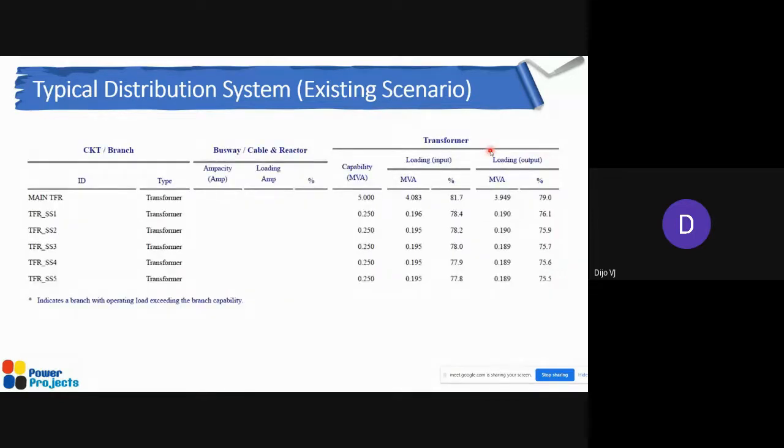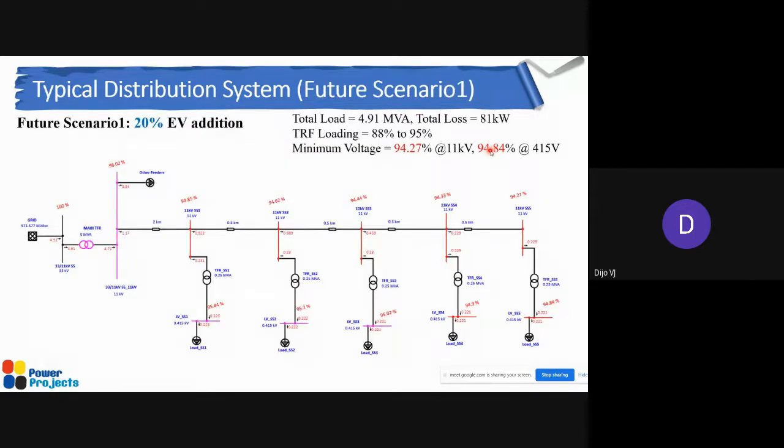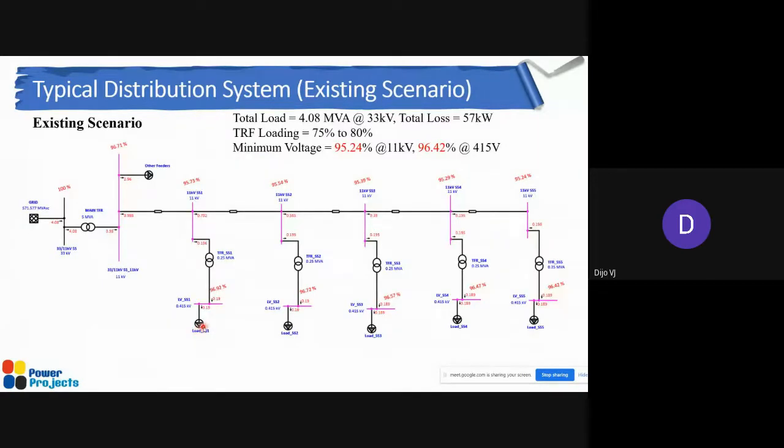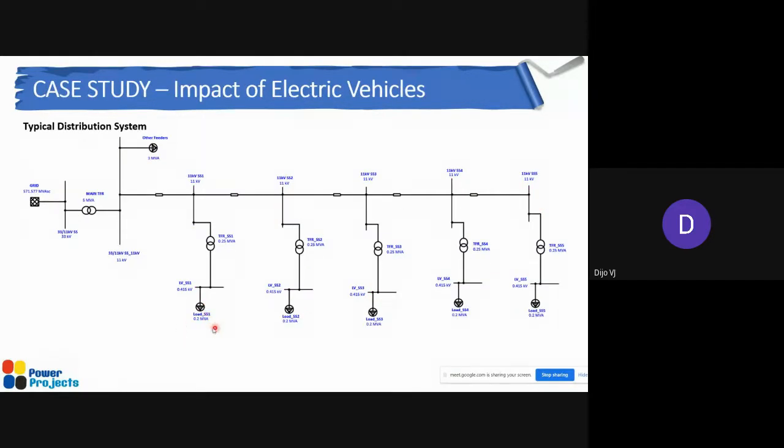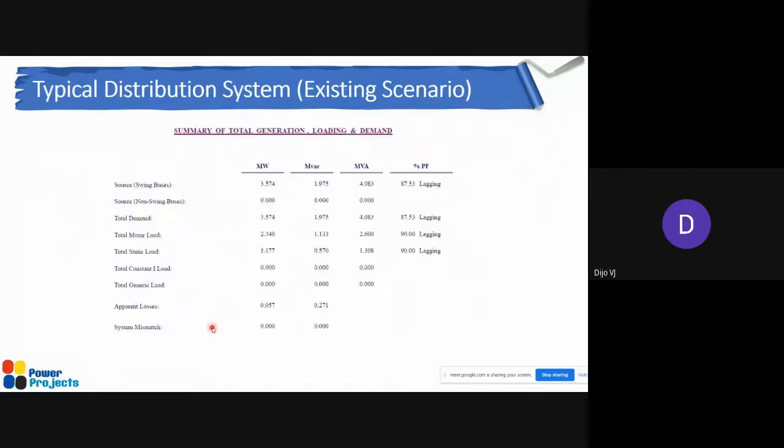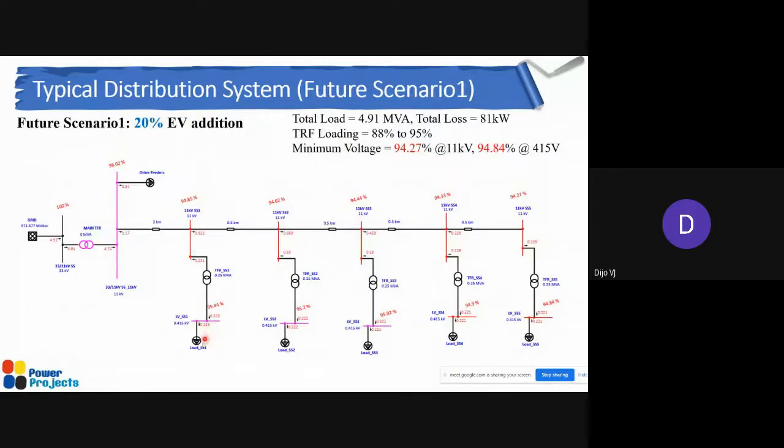Let's see the results. Okay, now let's see what happens if you add 20 percent electric vehicles. You can see earlier this load was around 0.19, because of 2.2 MVA loading. Now I'm increasing that loading by adjusting the load parameters.